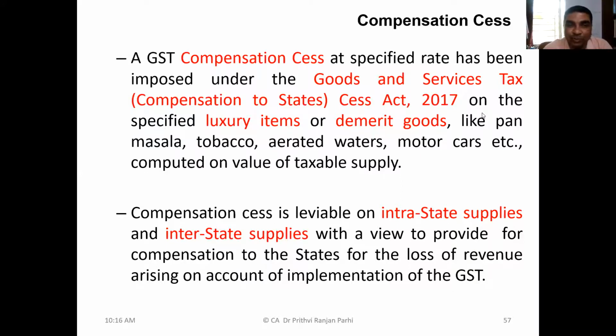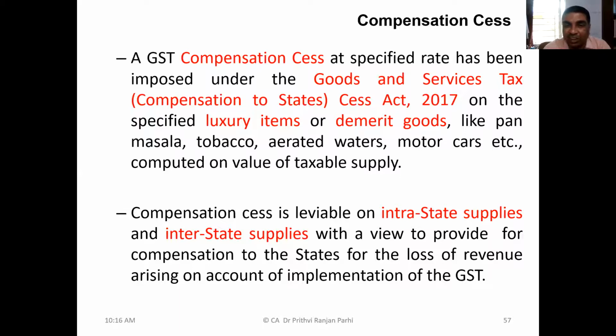As you know, it is levied not on all goods, but on some specific goods like luxury items and demerit goods. Demerit goods means maybe pan masala, tobacco, aerated waters. Some motor cars are a luxury item like this. On certain items, this cess is levied.